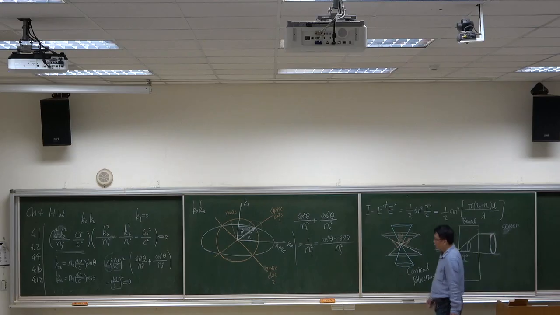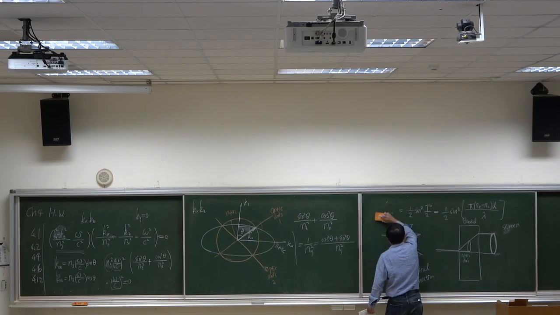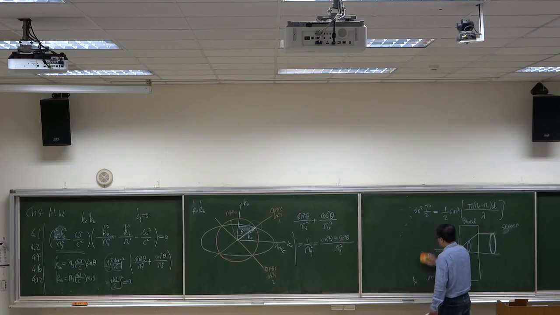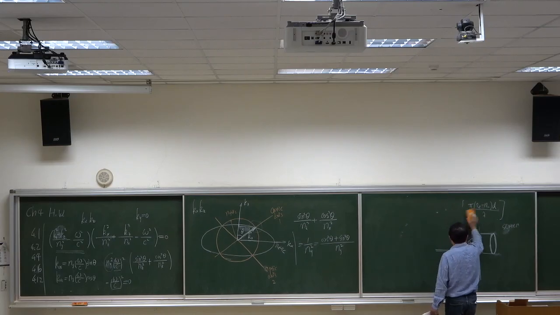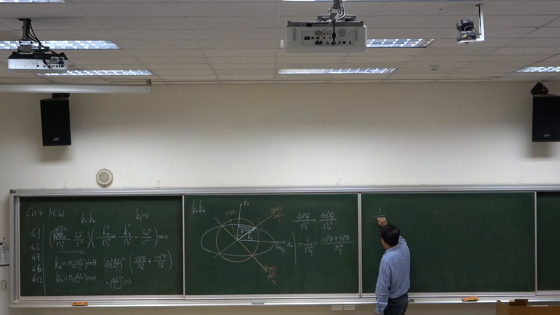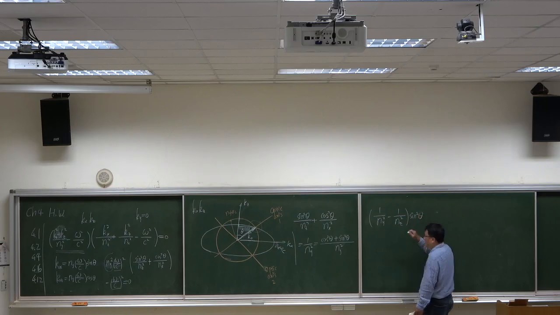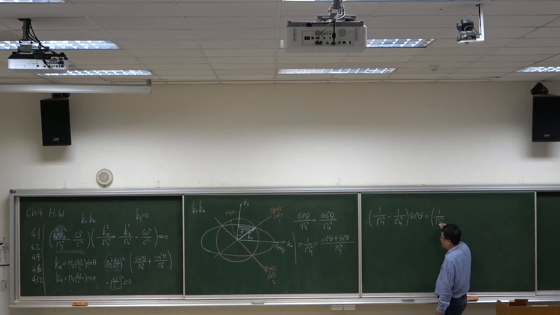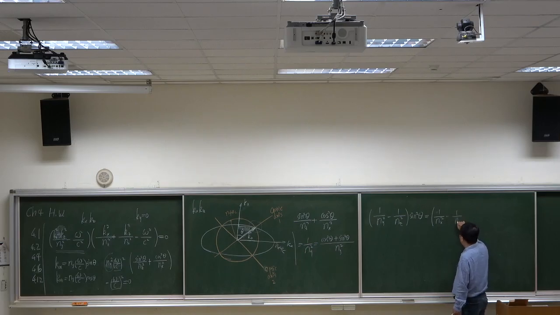Cosine squared plus sine squared is equal to 1. So now you see that we have 1 over ny squared minus 1 over nz squared times sine squared theta is equal to 1 over nx squared minus 1 over ny squared times cosine squared theta.